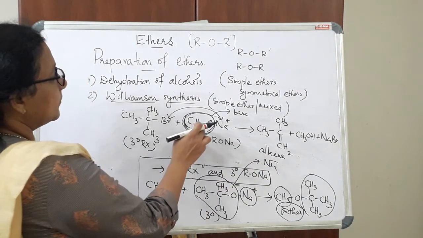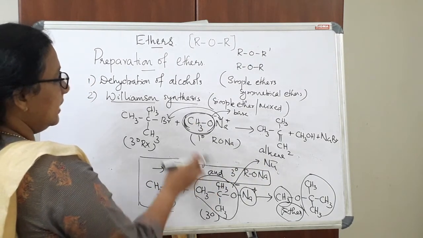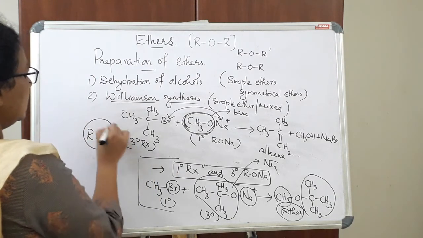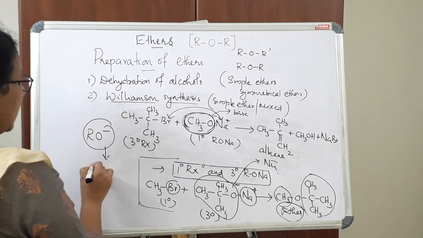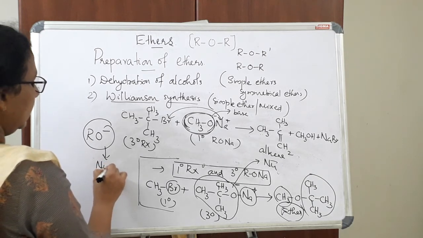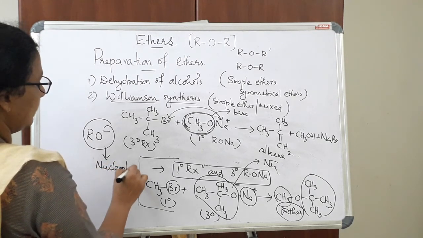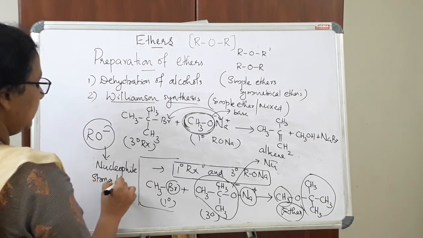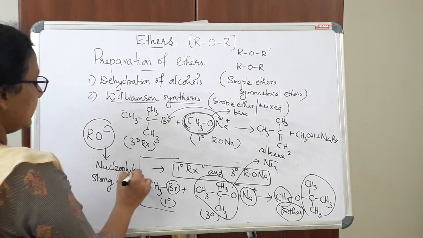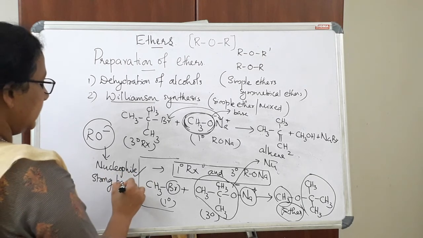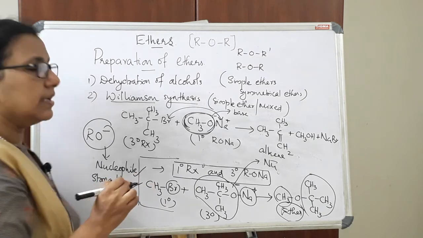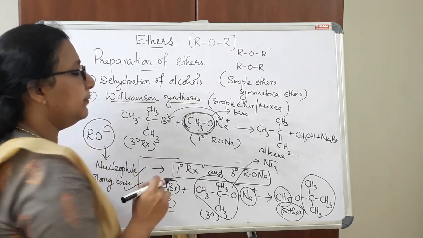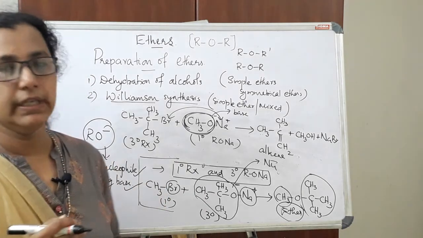The reason is actually the alkoxide group, RO minus, which acts as a nucleophile and as a strong base. In one case it acts as a nucleophile, in the other case it acts as a strong base. So according to the type of reagents, the product will also be different.